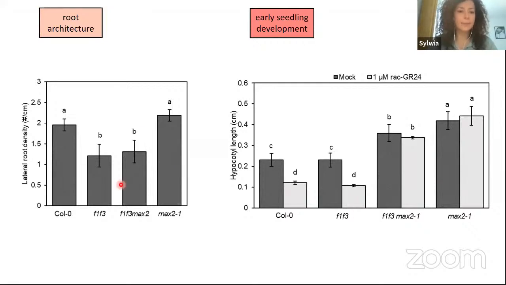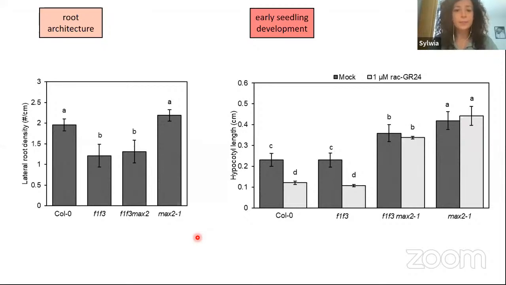The MAX2 phenotype, for instance in hypocotyl elongation, can be suppressed in the SMAX1 MAX2 double mutant, or in lateral root density can be suppressed by both SMAX1, SMAX2, and SMAX6, 7, and 8. So we thought maybe the phosphatase has something to do with the turnover or stability of SMAX proteins.